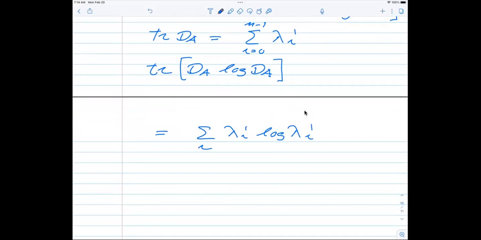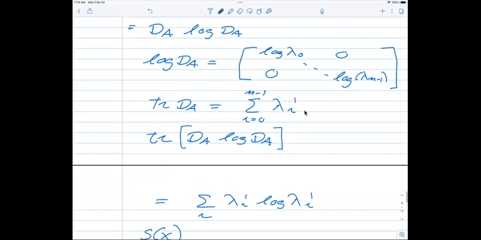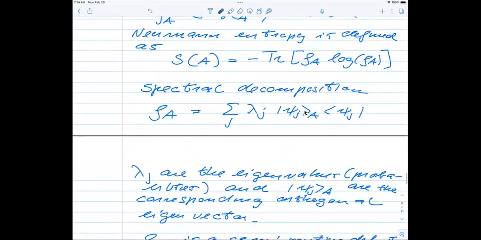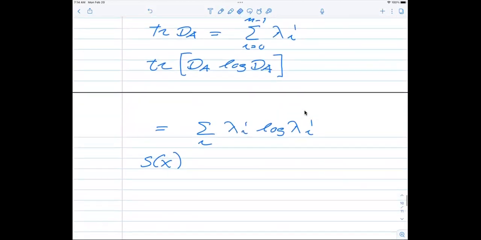So that means that if I now look at the definition which I had of this sigma, this quantum entropy, which I define as S of A. So let me just rewrite it as S of A here, which I wrote as minus the trace of the density matrix times log of the density matrix.